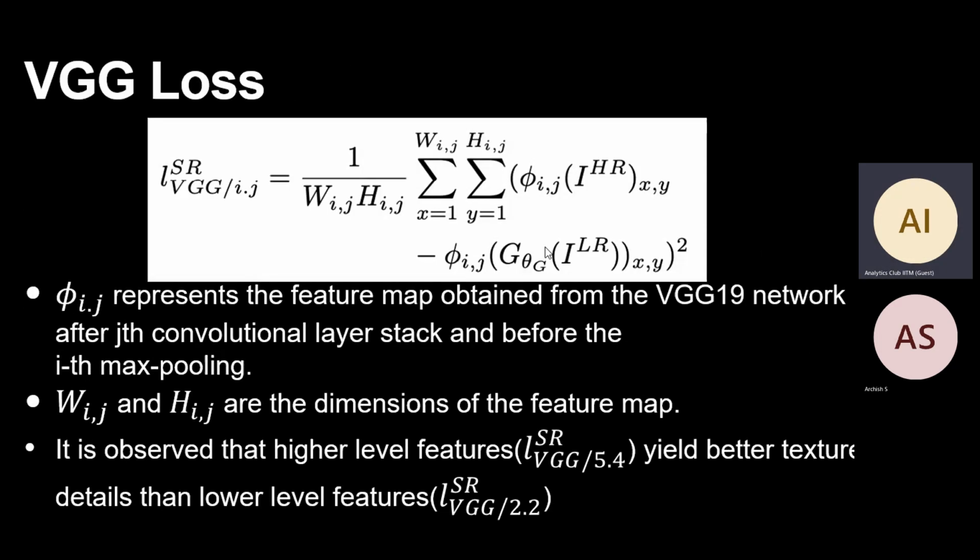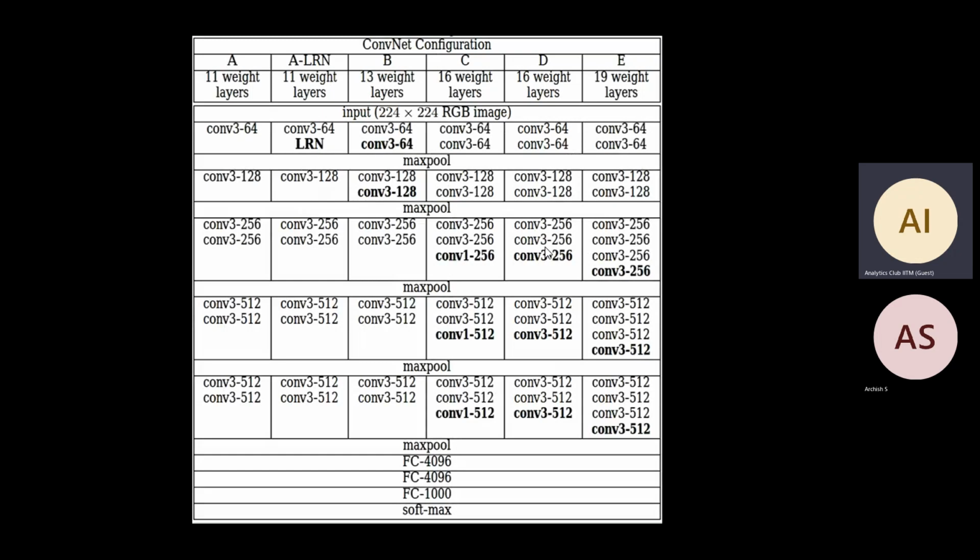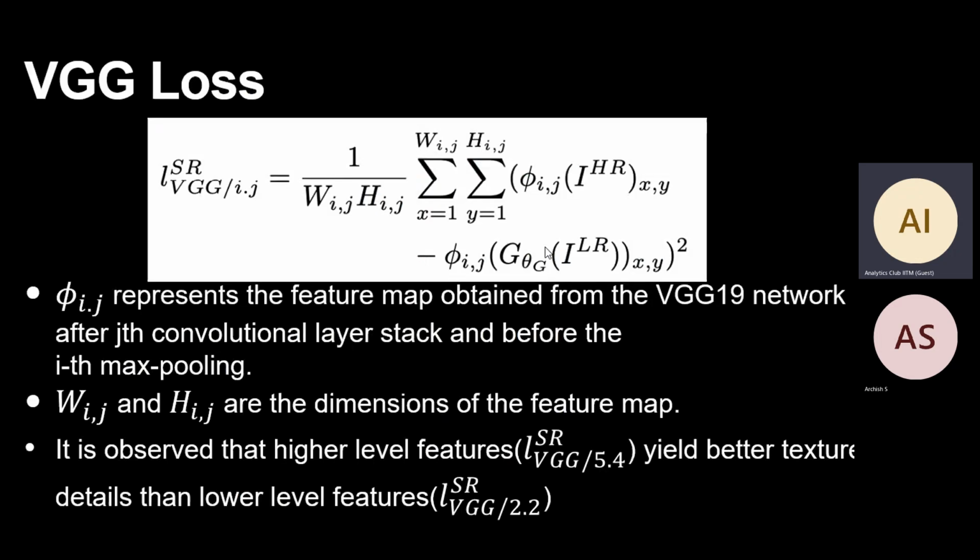So we will just quickly look at this equation. What phi ij means is you take the jth convolutional layer before the ith max pooling. In the actual implementation of SRGANs, what you take is 5-4.